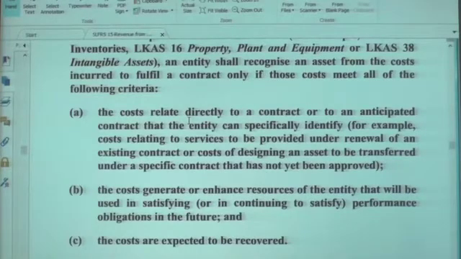And finally, costs are expected to be recovered from whom? From the customer. If you can recover the cost from the customer, if that cost is directly incurred for this contract, if that cost is incurred to enhance the resource for this contract, you will debit those items into a separate account called contract asset. Is that clear? Okay.